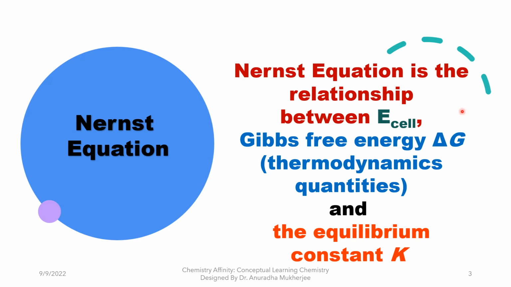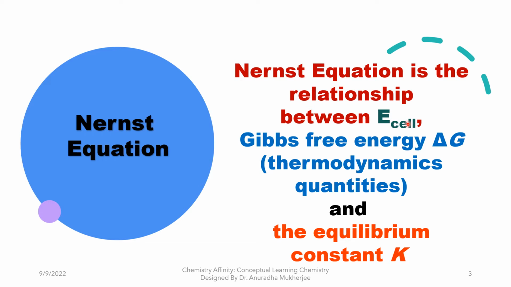The Nernst equation connects three data: the electrode potential of the cell, the Gibbs free energy of the reaction, and the equilibrium constant of the reaction. When a chemical reaction takes place in an electrochemical cell, we can find out the electrode potential. This reaction also has a Gibbs free energy value.